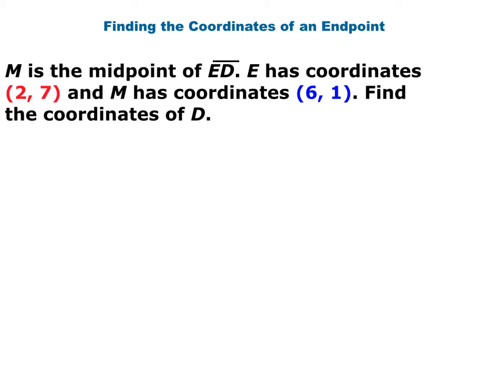You did -2, so it's supposed to be +2. You're checking your point D along with E to see if it calculates to give you the midpoint.